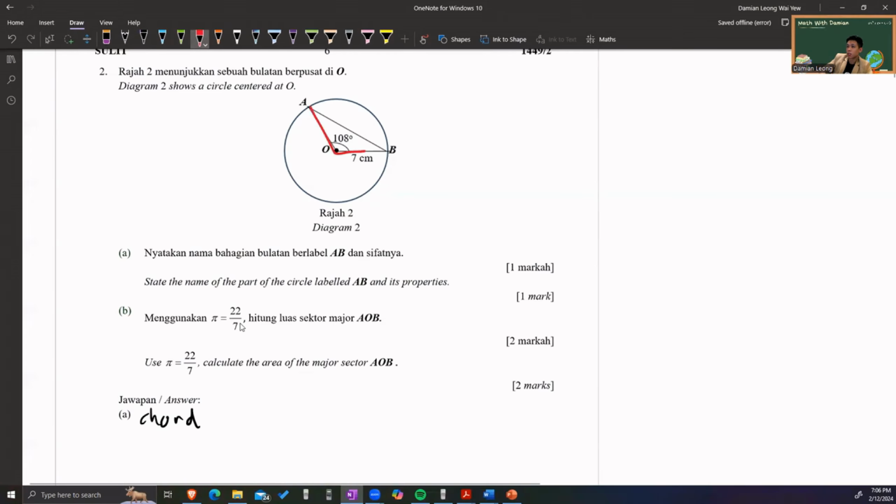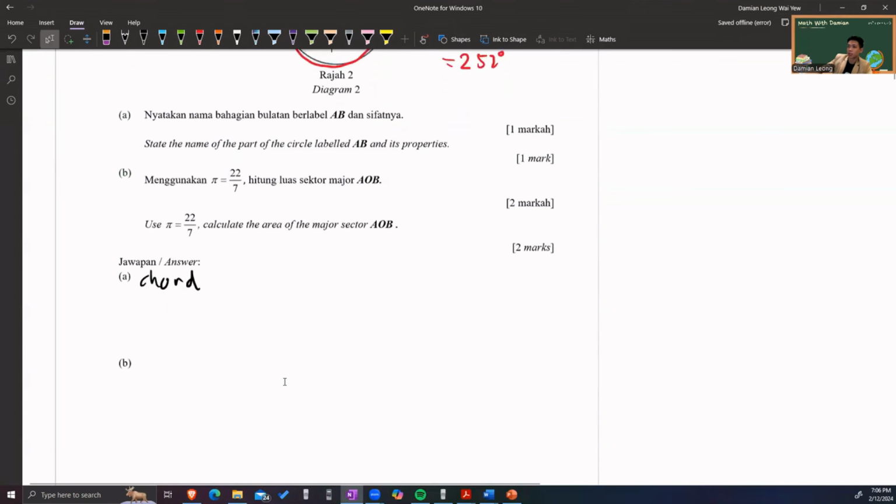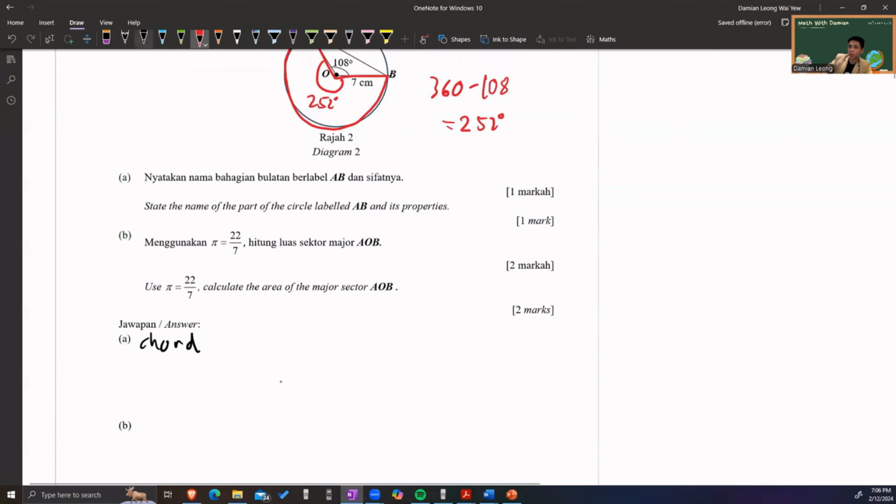Major sector means the bigger side, this side. So here is 108, so for this angle, 360 minus 108, which we get 252 degrees. So I use 252 degrees and 7 cm radius to calculate the area of the major sector.